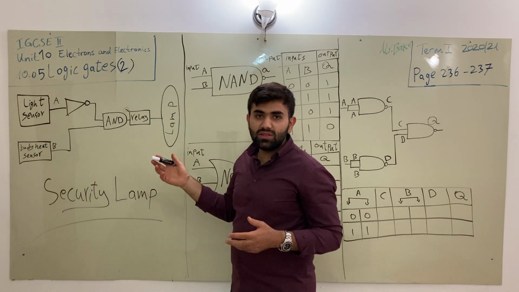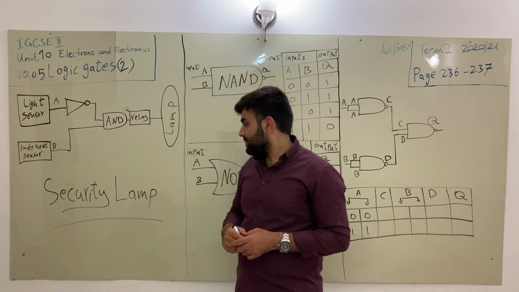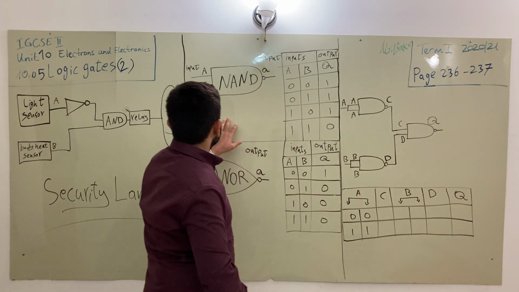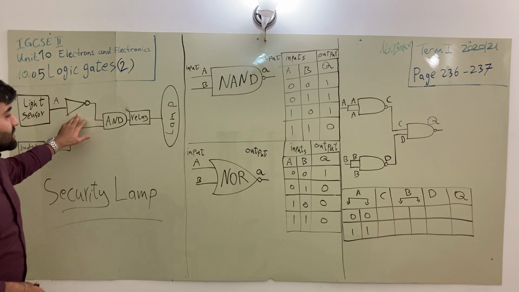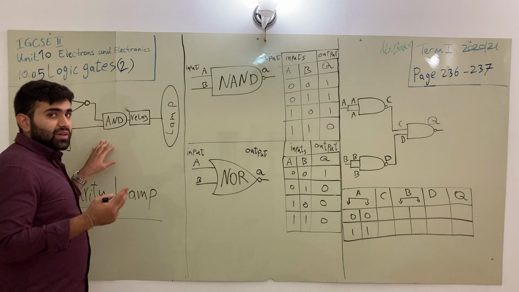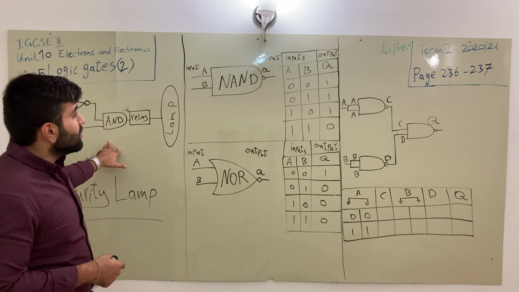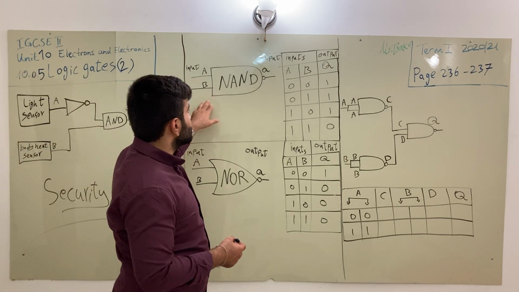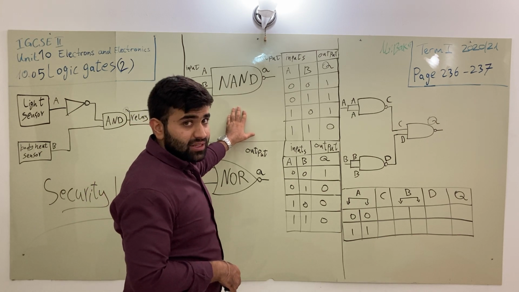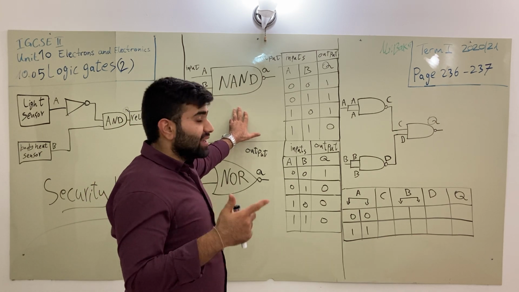So try to do this truth table. Now, we saw NOT and AND here. So these two are combined logic gates. One combined logic gate is called NAND. That means NOT AND, the NOT and the AND.